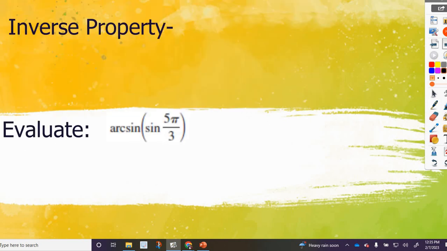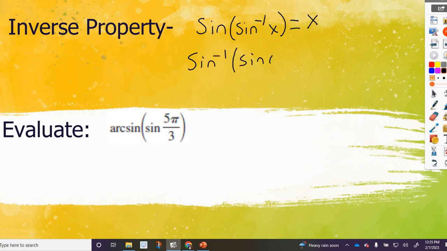Okay. So remember that we talked about how they undo each other. So this also applies with our sines. So I have sine of sine inverse of x just has to equal x, and sine inverse of sine of theta has to equal theta, because they undo each other.